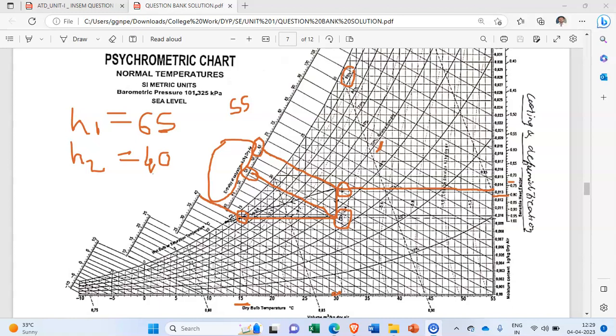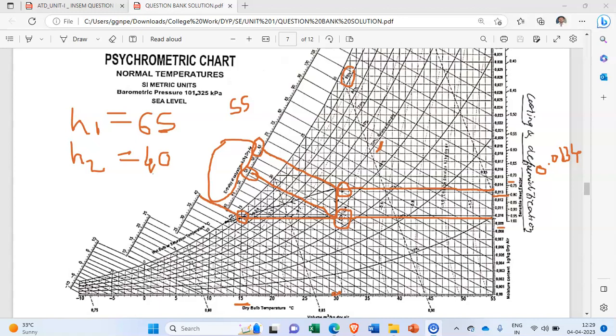So at point number 1 it will come around 0.0134, something like this.